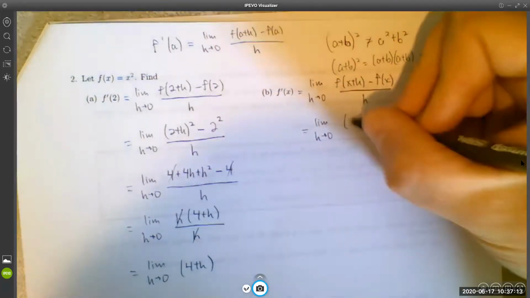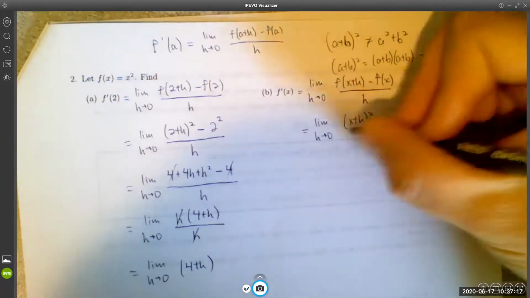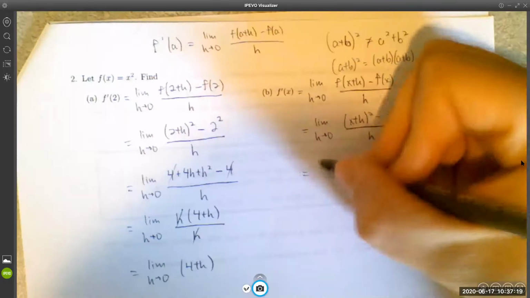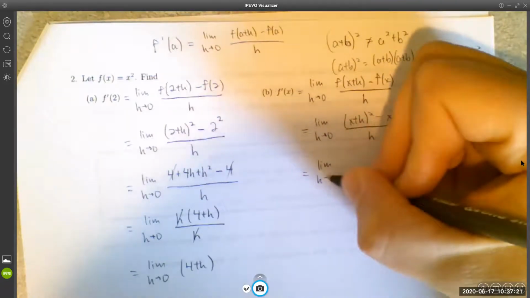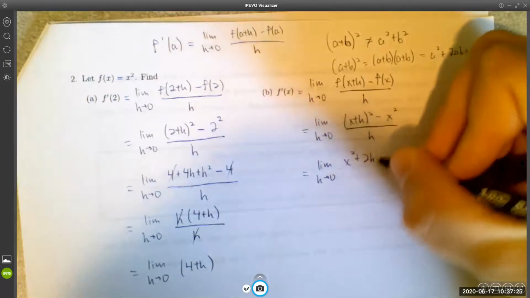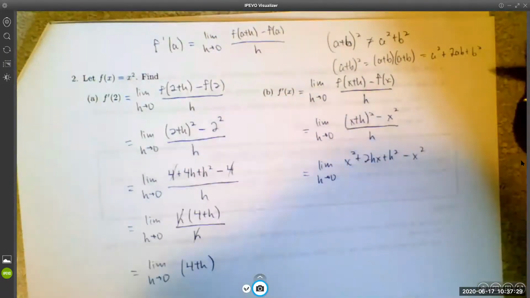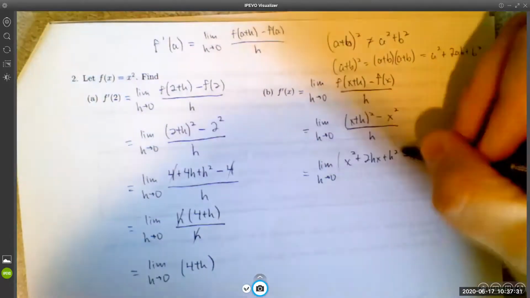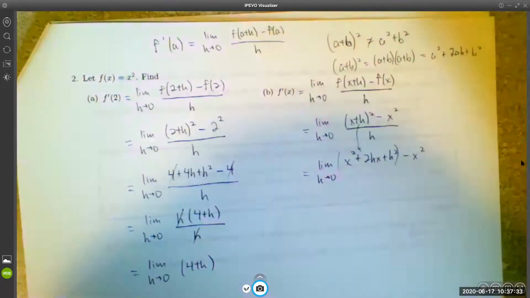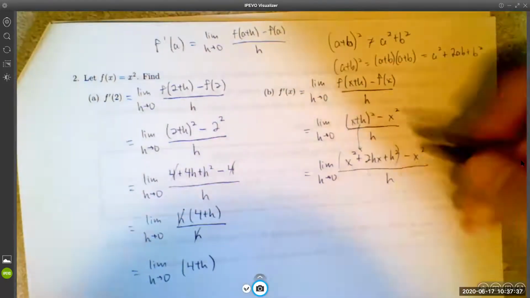That's going to be x plus h squared minus x squared over h. That's going to be x squared plus 2hx plus h squared minus x squared. Right? This stuff comes from expanding that. And then divide by h. The x squareds cancel.